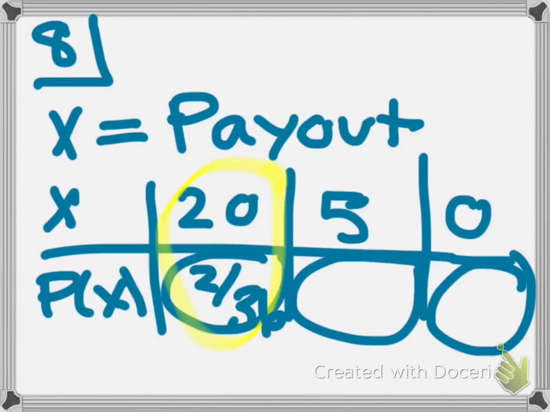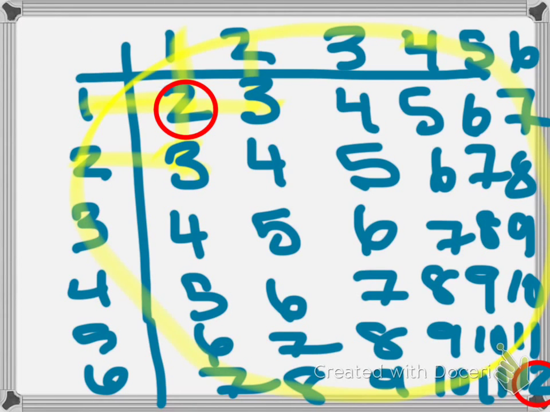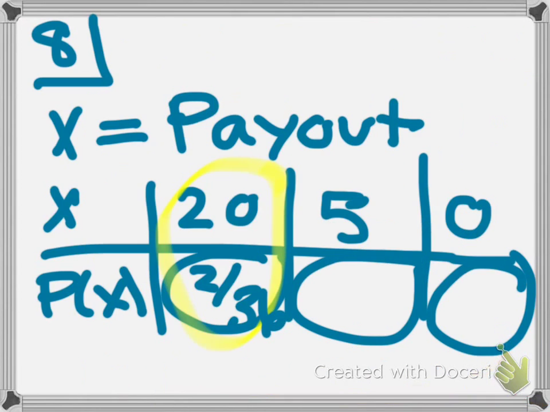To win $5, you have to get a 7. So looking at my sample space, I get a 7 here, here, here, here, here, and here. That's 1, 2, 3, 4, 5, 6 out of 36. Okay, so I'm going to write 6 out of 36.